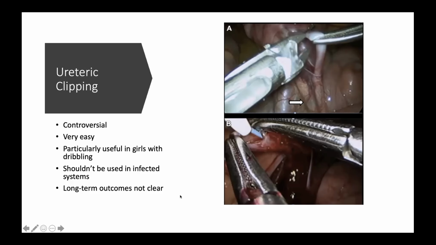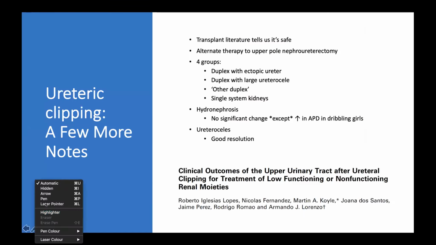The reason they felt confident attempting this procedure is that, firstly, the transplant literature tells us it's safe. There's a subgroup of transplant patients where, for one reason or another, the native ureter had to be sacrificed when the transplant kidney was put in.